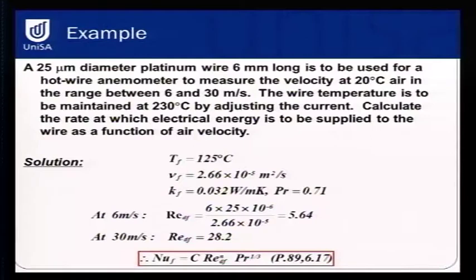The only thing we need is to make sure that we understand how much heat is transferring between that thin anemometer and the air surrounding it. So we need to use the heat transfer equation, the Nusselt number equation which we saw, which is C times Reynolds number raised to the power n times the Prandtl number raised to the power a third.